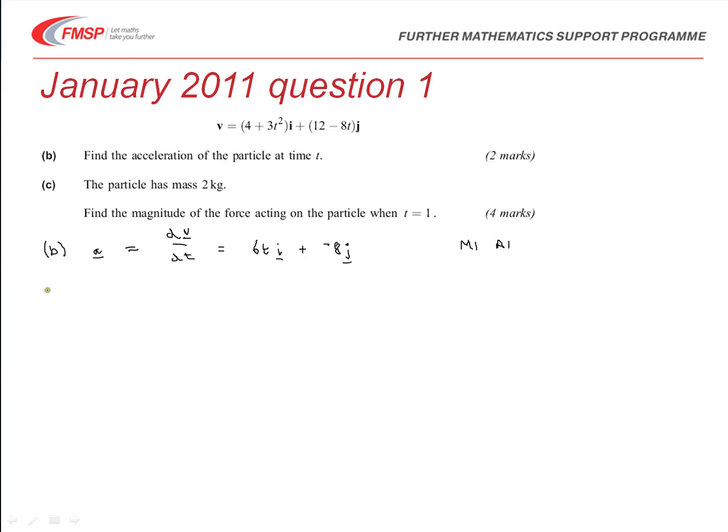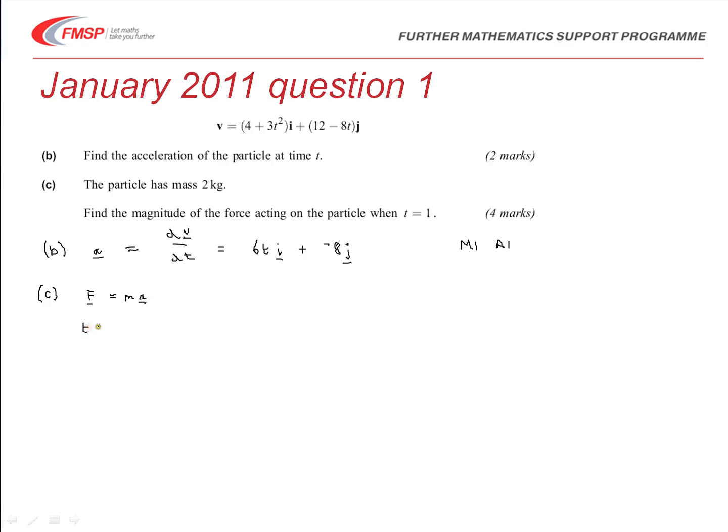In part C, we are then told that the particle has a mass of 2 kilograms. Find the magnitude of the force acting on the particle when t equals 1. Well, we know that force is equal to mass times acceleration, and we want to know what the force is when t equals 1.